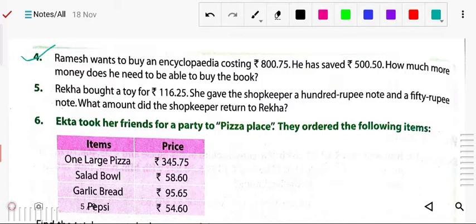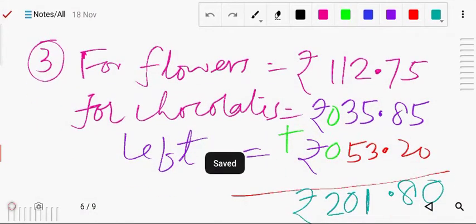The total cost of the book was 800.75, but he has saved 500.50, so how much more does he need to save to buy this book of rupees 800.75? Now solve question number 4.